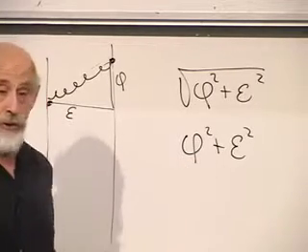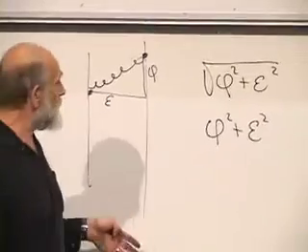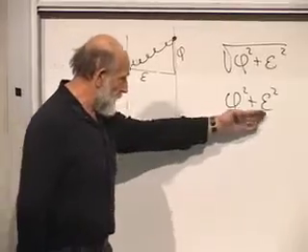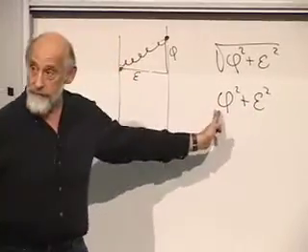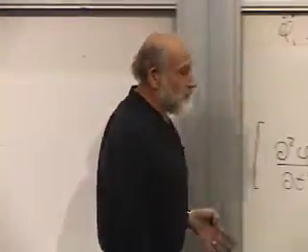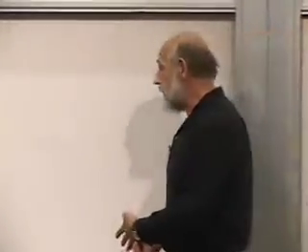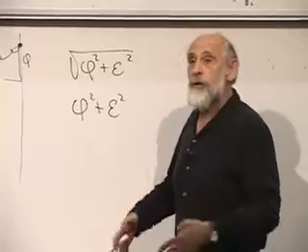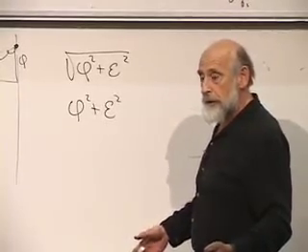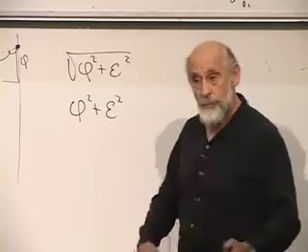But epsilon is just a number. Each one of the springs is stretched by that amount. It's just a number. It's fixed. It doesn't depend on phi. So when I add up all the potential energies, there are all these contributions which are the epsilon squares, but they're just a single overall number. Don't they blow up too fast? They do blow up too fast, but they're still just a number.